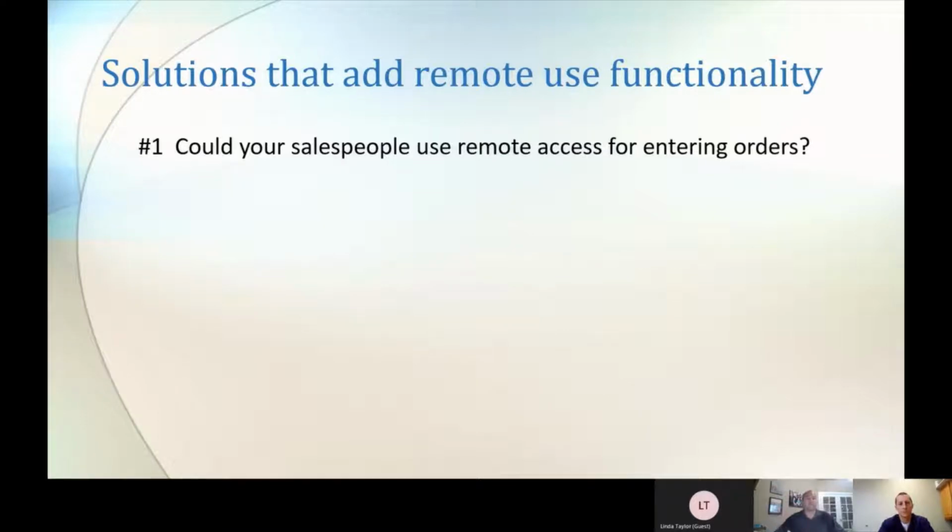But it's a browser-based solution, so they can access it from their phone or from any tablet, so it really gives that remote capability without having a remote session needing to be in place.